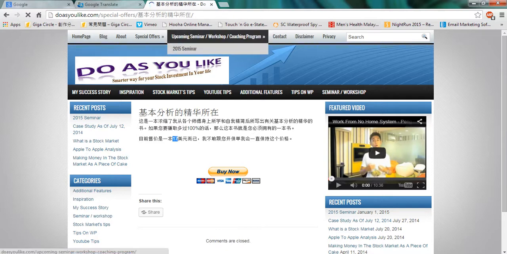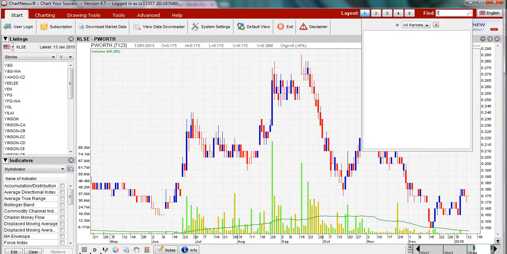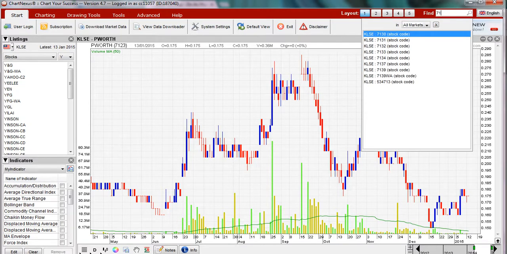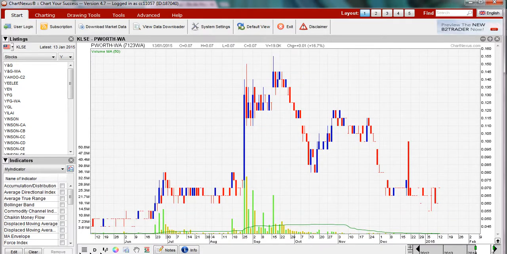In the meantime, if you want to learn more than that, because this top 7123, right, 7123, there are warrants there, and the warrants are worth 7 cents as of now.